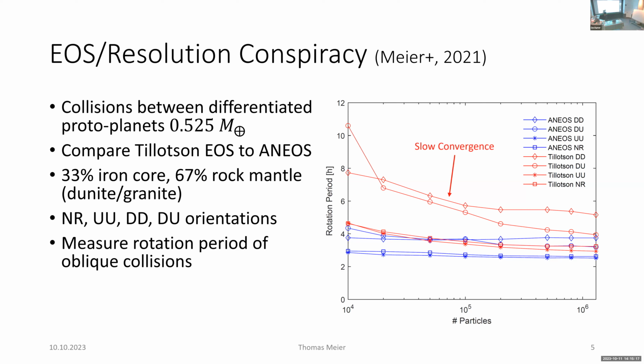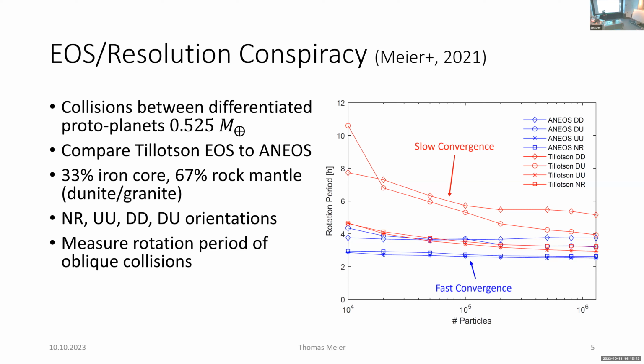With Tillotson, it takes a long time to converge, or like this one hasn't even converged at all. While the ANEOS results sometimes don't change at all, like this one, or they converge around 100,000 particles.